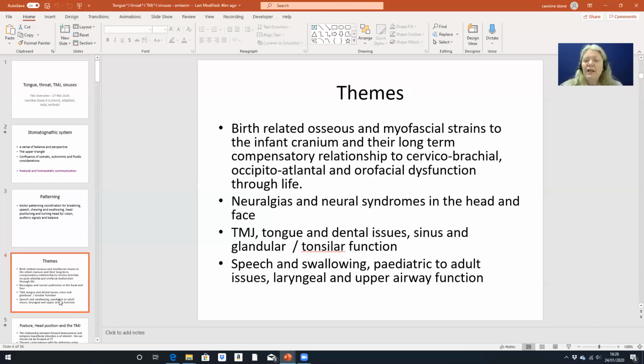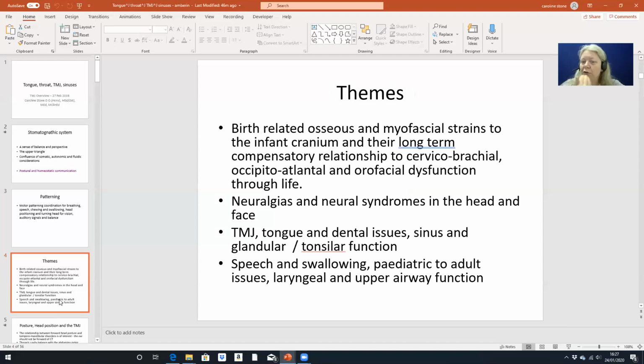So there's a whole number of things that you can get into within the stomatognathic system, and right from birth, there are osseous strains, myofascial dynamics in the cranium, long-term compensatory balance to the cervicobrachial, OA, and orofacial dysfunctions and so on.